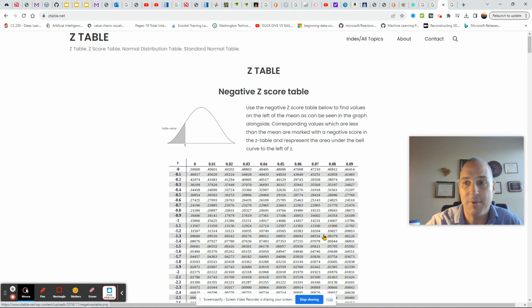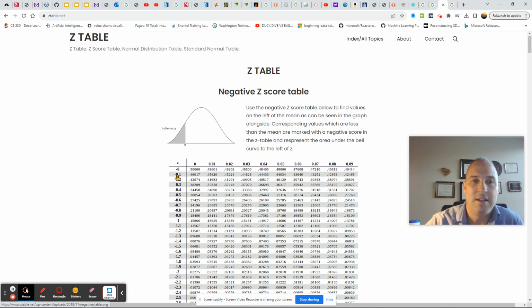Inside the table are probabilities. Now the z-score is defined to the left of the mean. So how many standard deviations left of the mean? It's going to be this number.